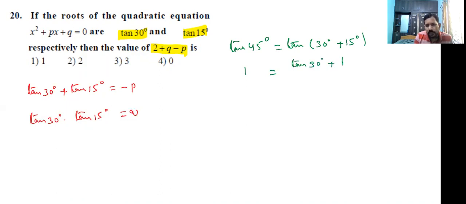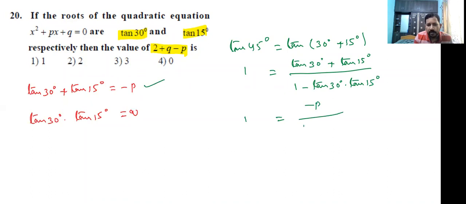Formula: tan a plus tan b divided by 1 minus tan a into tan b. So 1 is equal to tan 30 plus tan 15, how much?